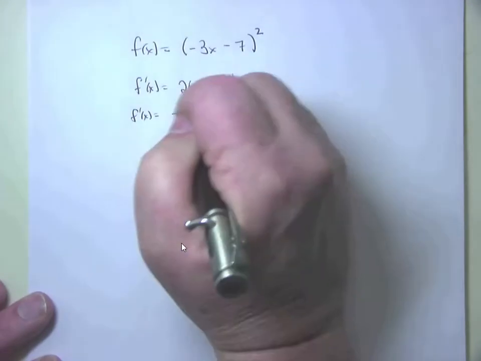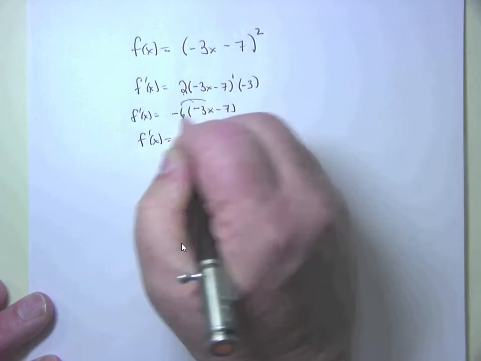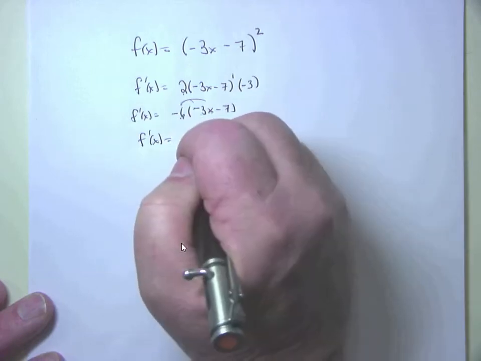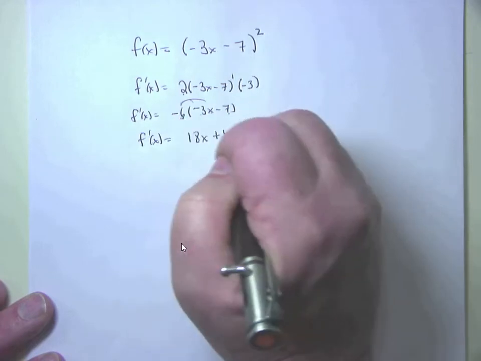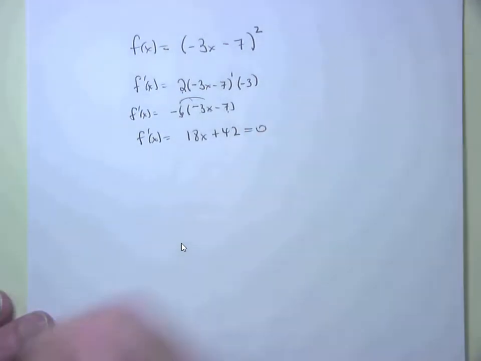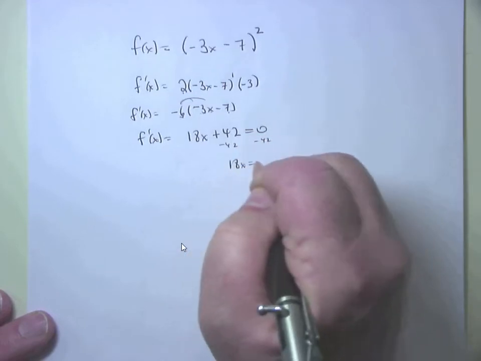And then I'm going to distribute, just to clean it up one more time. Negative 6 times a negative 3x is going to be a positive 18x. Negative 6 times a negative 7 is a plus 42. Does that make sense? I'm going to set it equal to 0, and I'm going to solve. I'm going to subtract 42 from both sides. That gives me 18x equals negative 42.